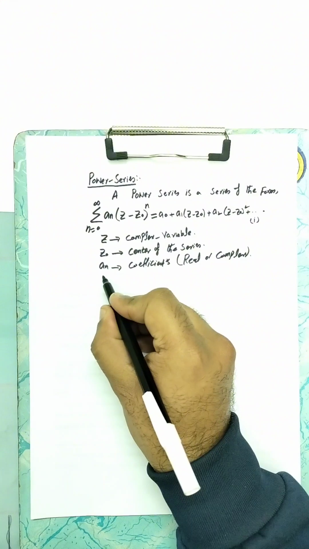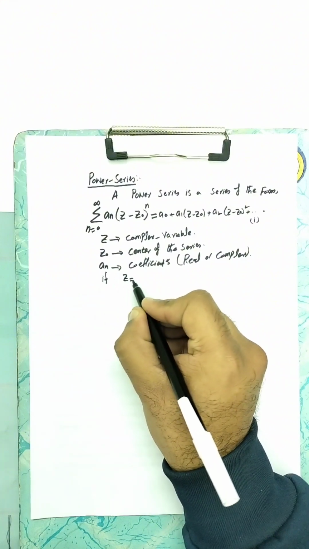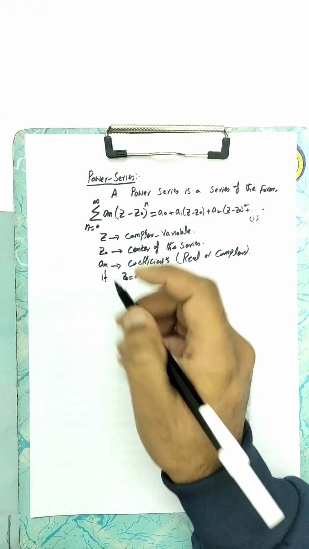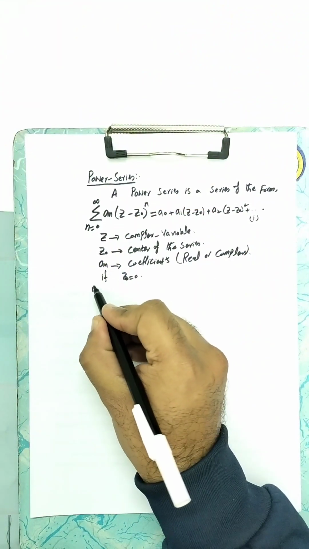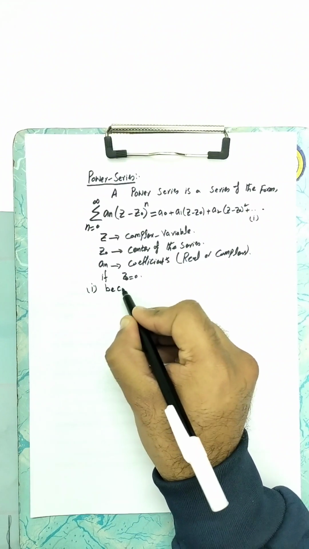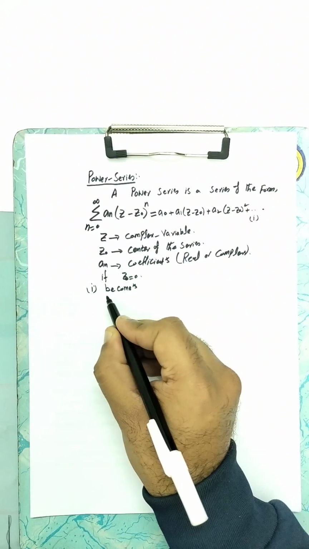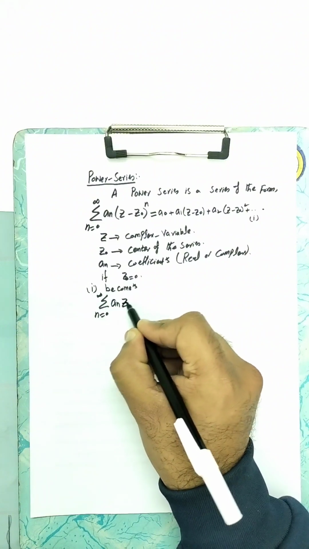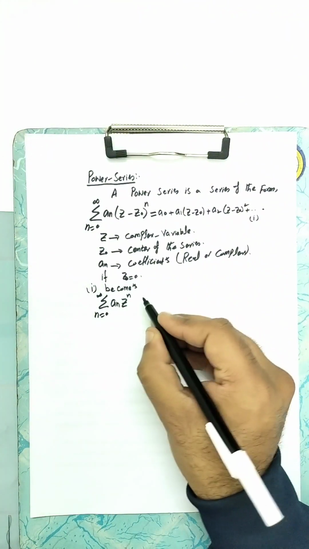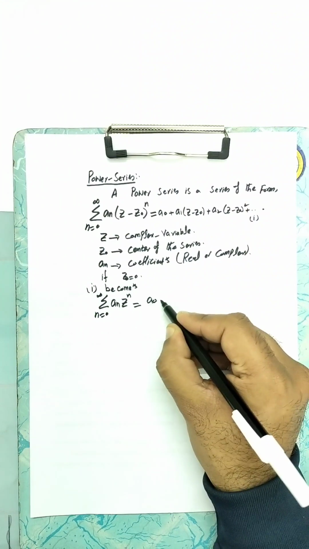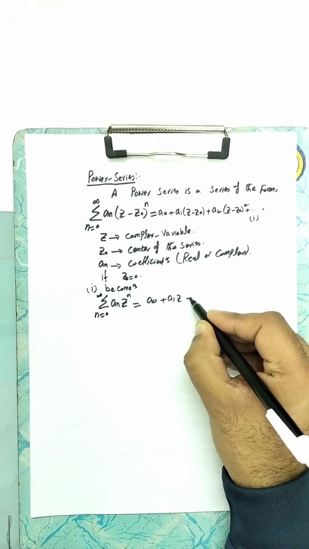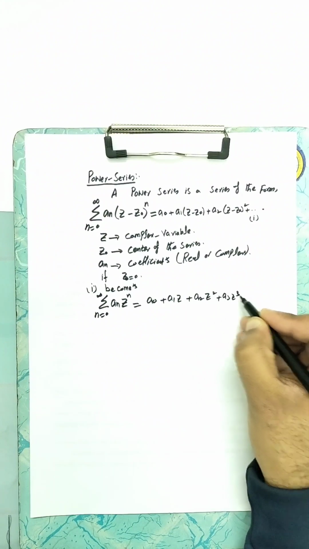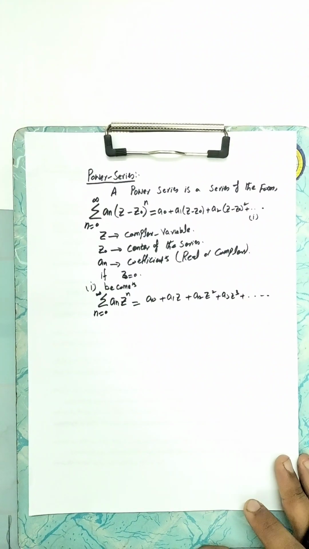If z naught is equal to 0, and z naught is the center of the series, then 1 becomes summation n from 0 to infinity a_n z power n, and we write this as a naught plus a1 z plus a2 z square plus a3 z cube and so on.